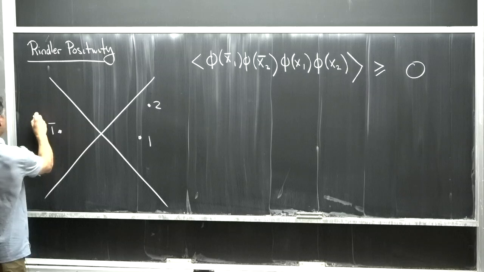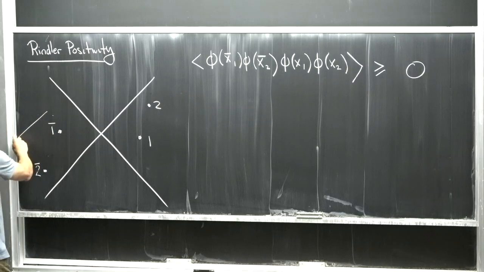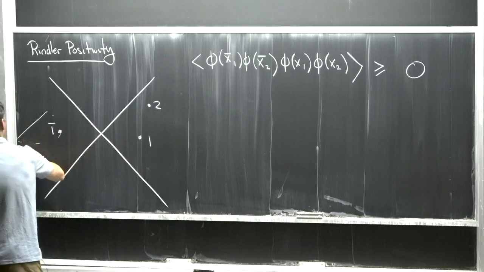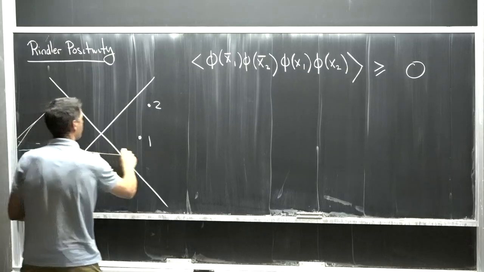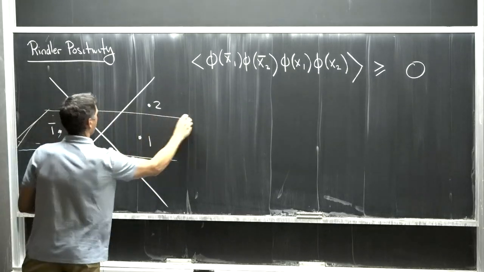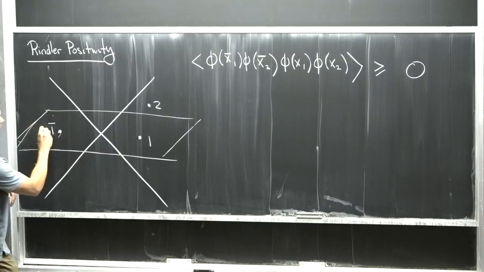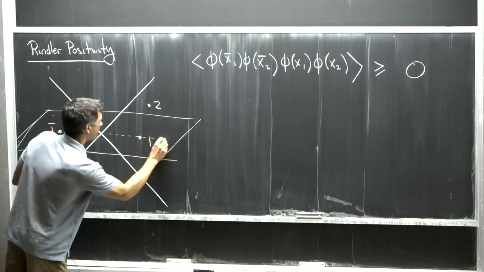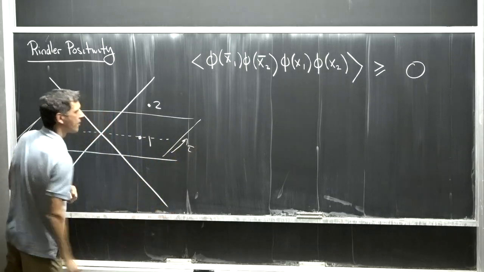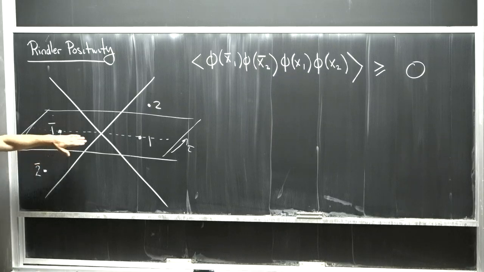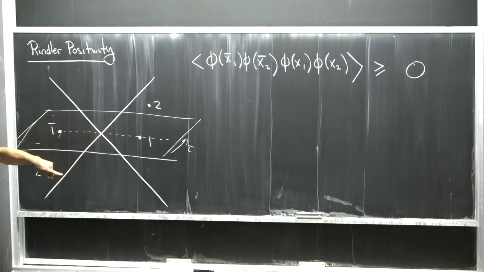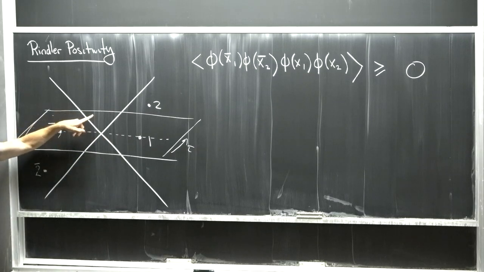But if we imagine taking Euclidean time and imagine the direction out of the board is Euclidean time, so Euclidean time goes that way. Now the reflection in Euclidean time would be like out here in there, right?